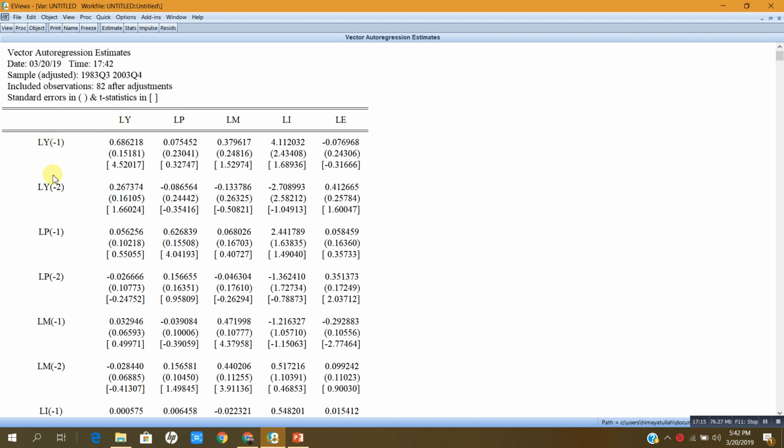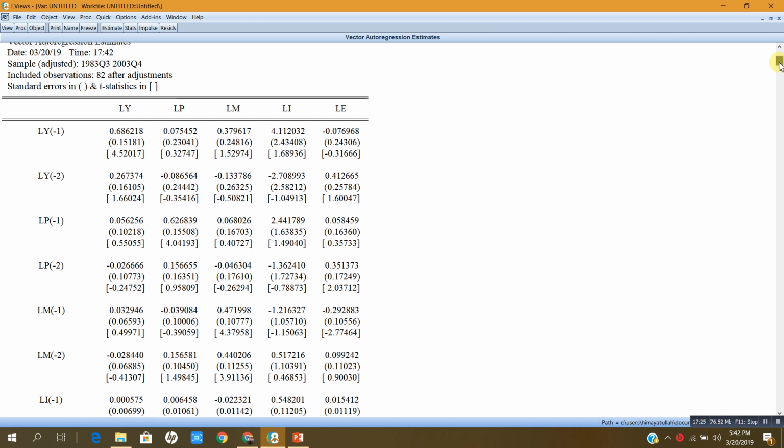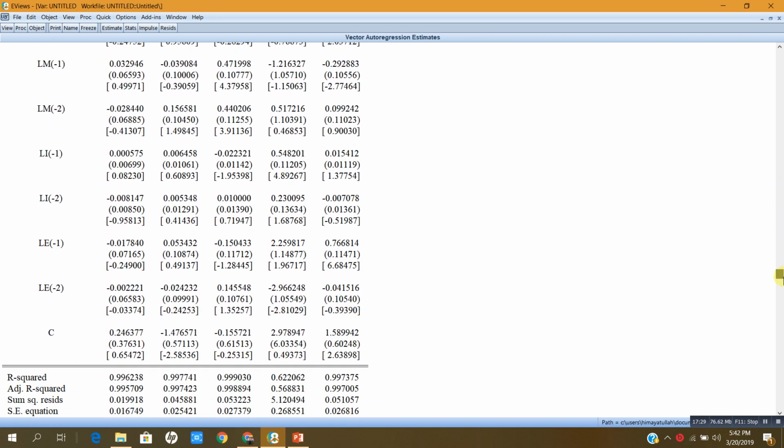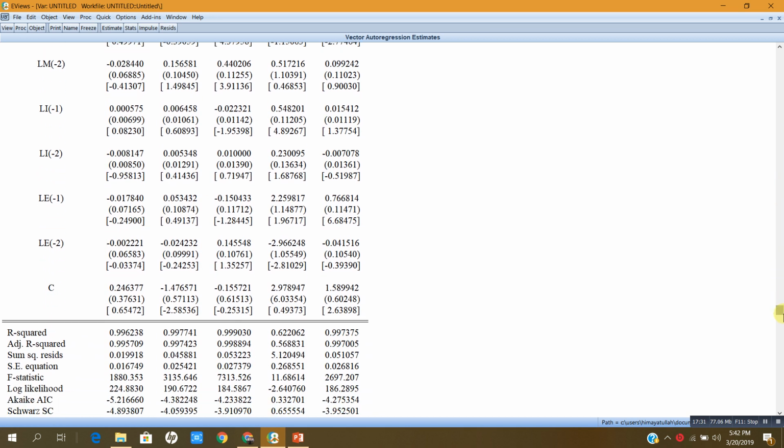So these are the estimated equations, their standard errors and their t values, and so on. And the r squared value is 0.99, adjusted r square is 0.995, and so on. Now this is the final equation that I estimated using vector autoregression.